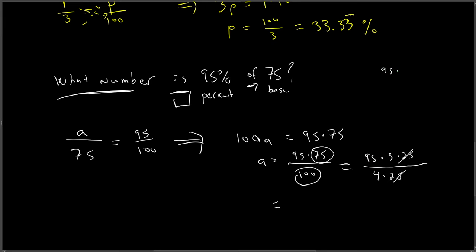Now, what is 95 times 3? I'd run to the calculator at this point, but since I'm on a screen here, I'll do it this way. All right, 285. So I'll divide 285 by 4. 4 goes into 28 7 times. Once.